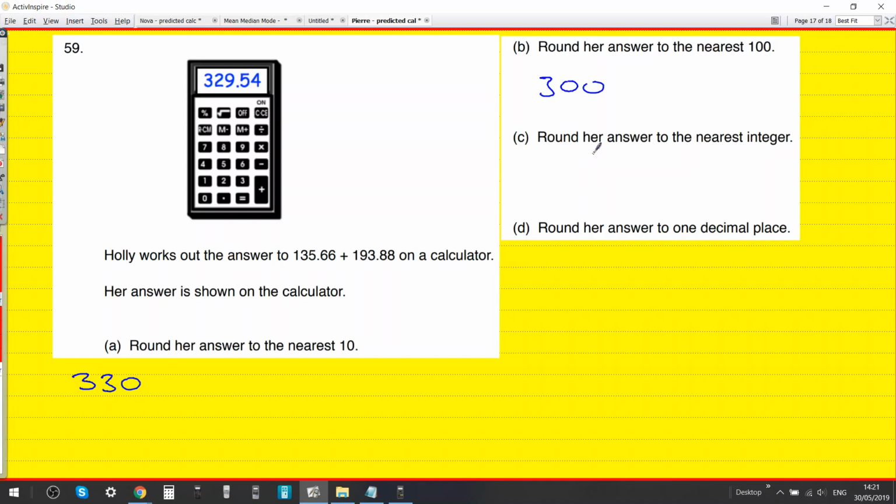Nearest integer would be, that's basically a whole number.